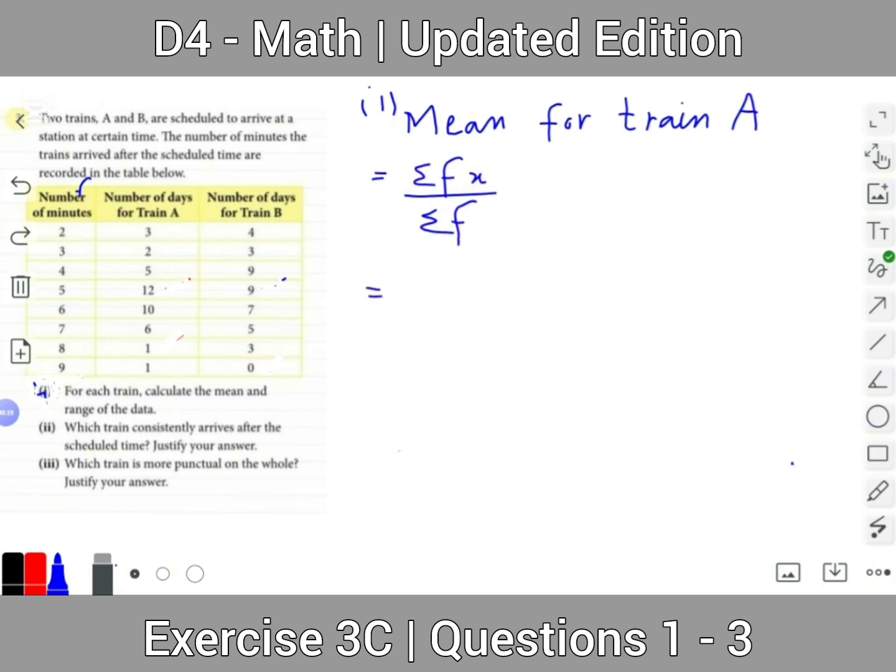So the total frequency for train A is equal to 40. Now we will multiply each data value for train A with the corresponding frequencies.